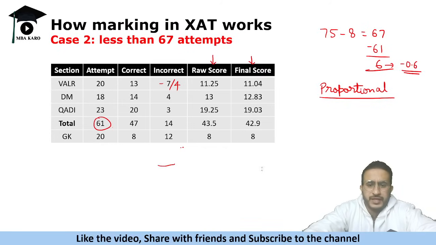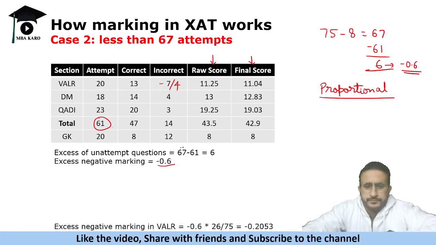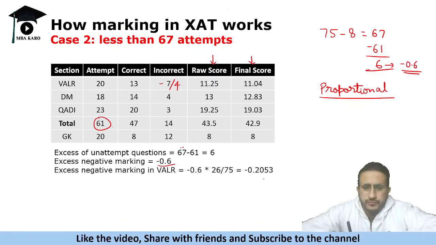If you do the calculations, it turns out to be approximately minus 0.2053 upon 75. This means that you will lose 0.21 marks in this section. So 11.25 was the score, and you will get a final score of 11.04.